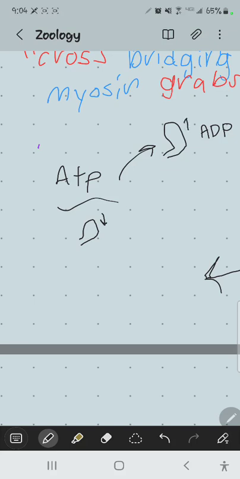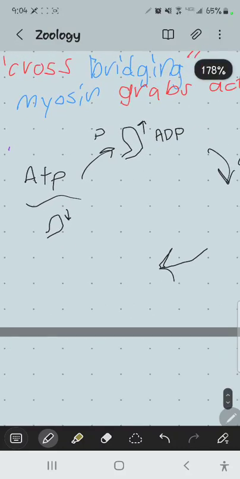So what happens when ATP is converted to ADP is the myosin head cocks, right? So the ATP coming in allows myosin to leave the actin, and then ADP forming, the myosin head actually energizes or kind of cocks.